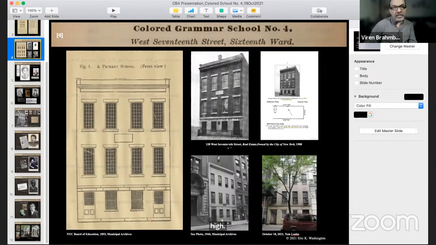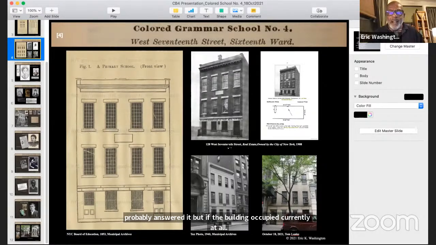Hi, thank you. I think David covered the last suggestion about equity. I think that's where this could actually qualify. We could make a stronger case for its qualification. The only other question I have is, I think you probably answered it, but is the building occupied currently at all? I can't tell.